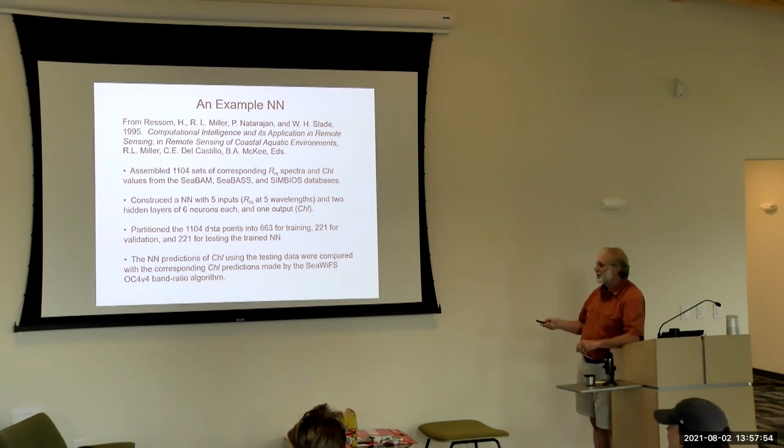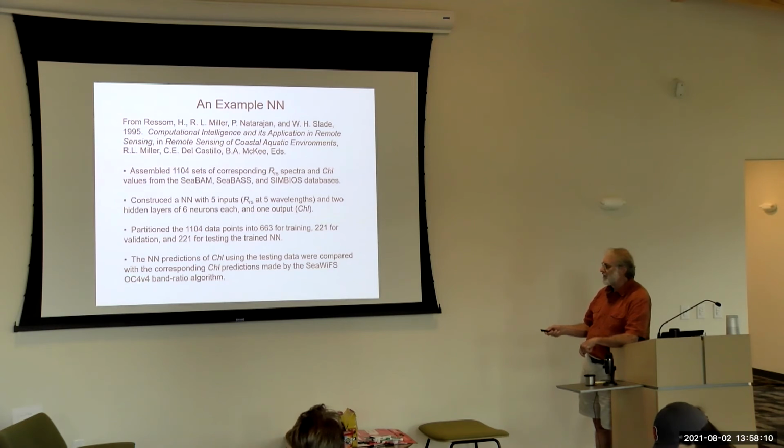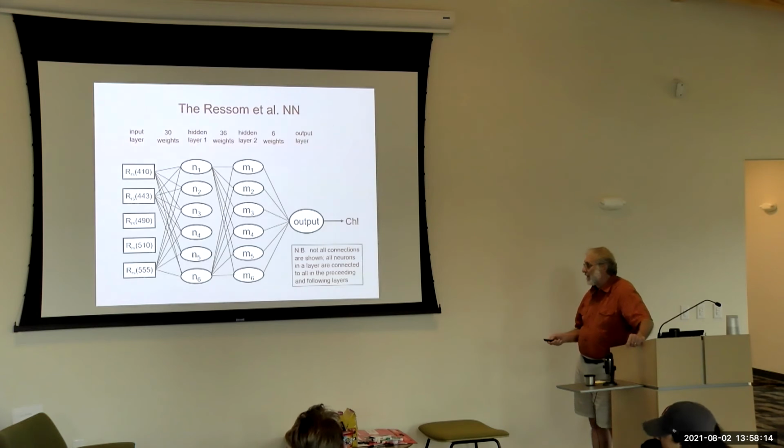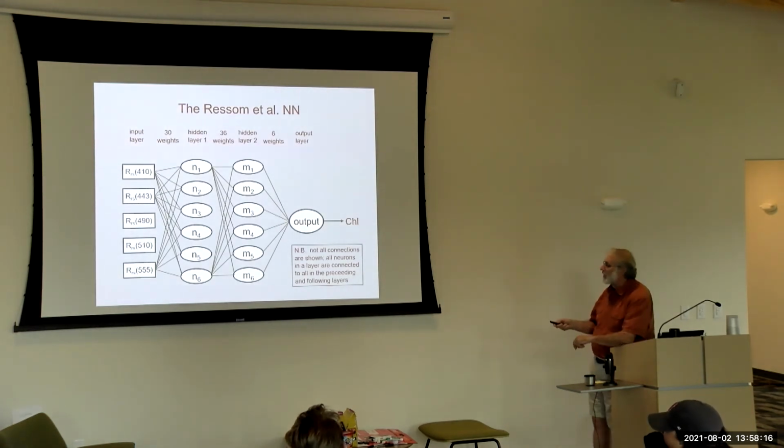There's nothing magical about using half, a fourth, and a fourth. You could have used a third, a third, and a third if you wanted to. Okay, and then they compared the neural network's predictions of chlorophyll with those from this CZCS OC4 version 4 band ratio algorithm. So here's what their neural network looked like.